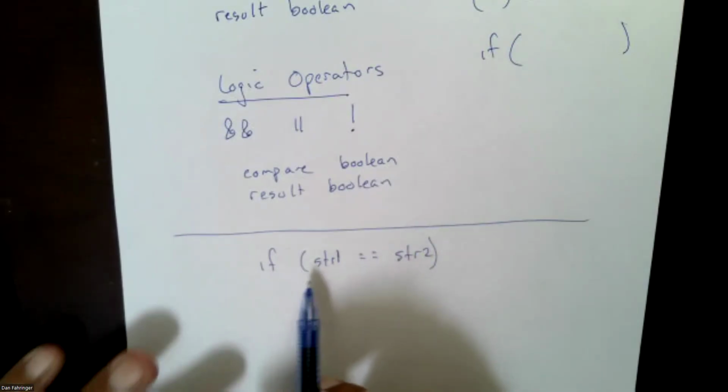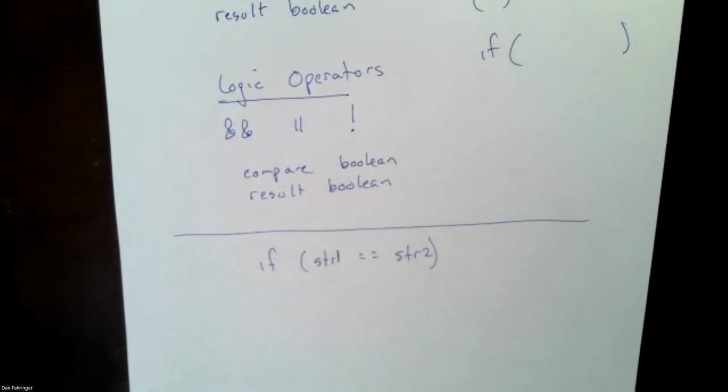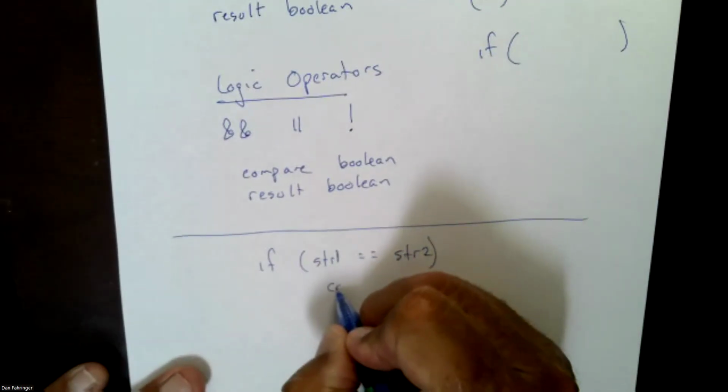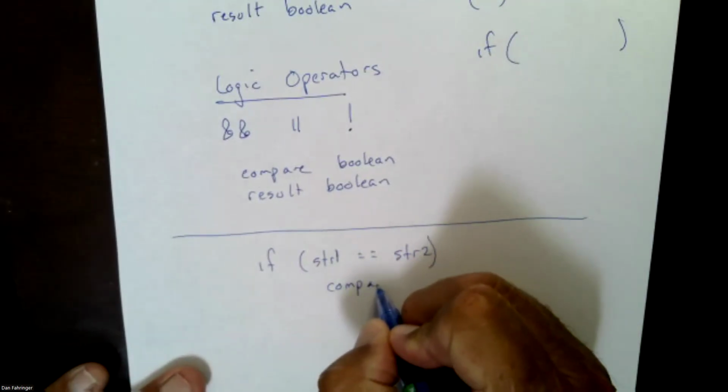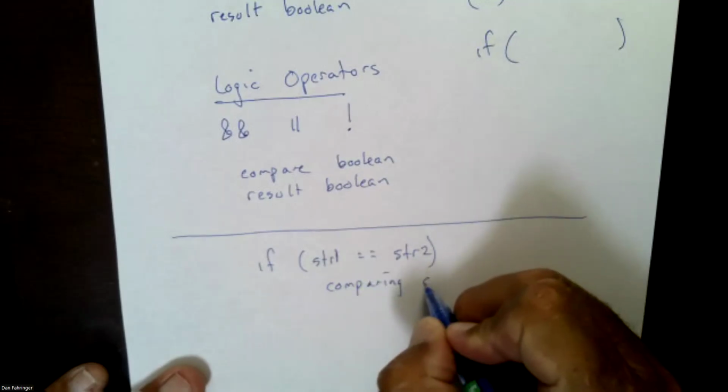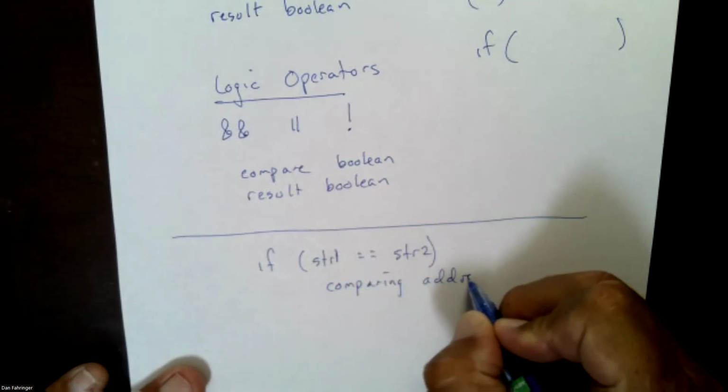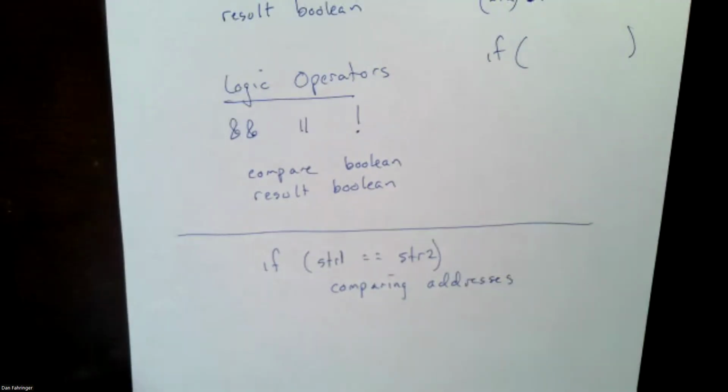I start with this and say, what is this doing? This is comparing addresses. Because the variable string stores an address, not a value. This stores an address. So I can't do a comparison to see if this is true or false unless I'm worrying about what the addresses are.